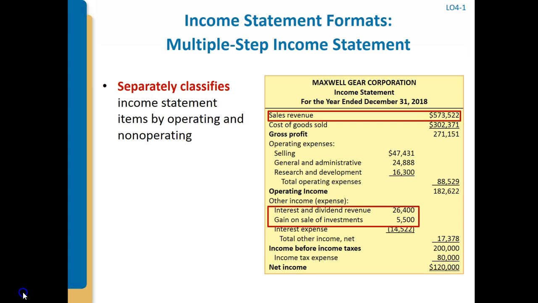The classification of expenses by function also provides useful information. It's important to note that the difference between the single-step and the multiple-step income statement is one of presentation. The bottom number, net income, is going to be the same no matter what format you use.